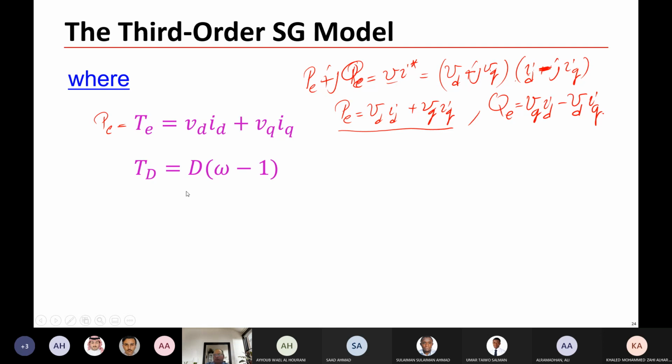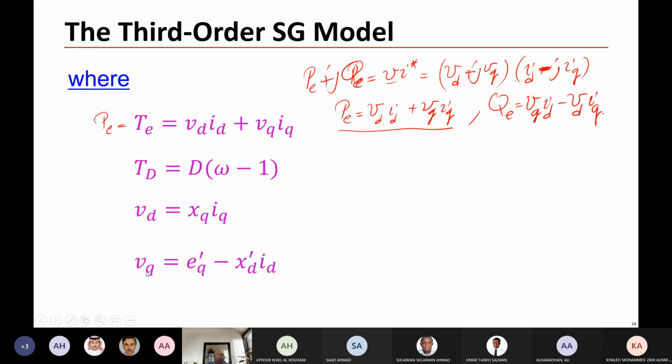Of course, the damping power equals D, the damping coefficient or damping factor. This is not the zeta, this is the damping of the machine. So D times omega minus 1, where omega is the speed in per unit. VD equal to XQIQ, and VQ equal to EQ prime minus XD prime ID.